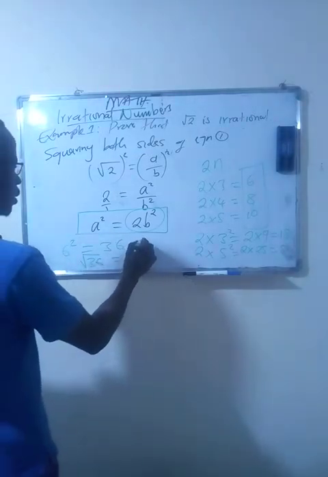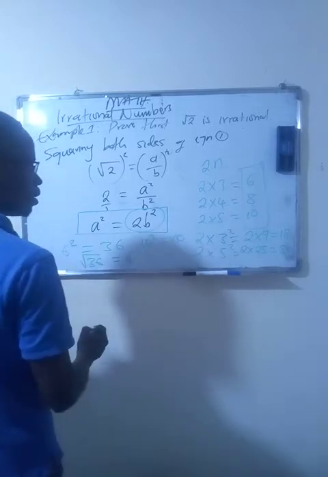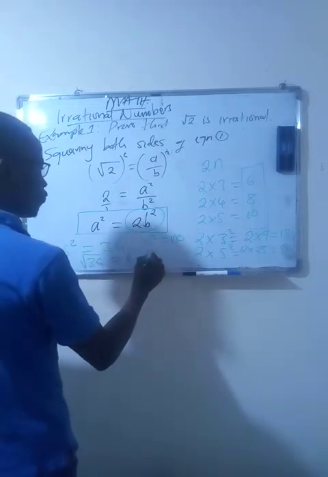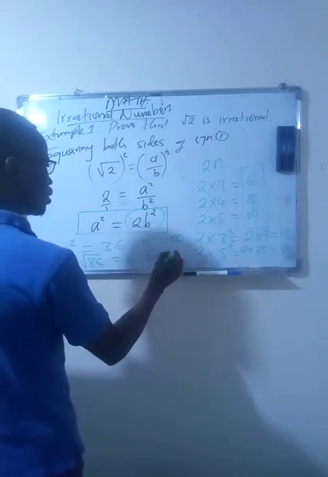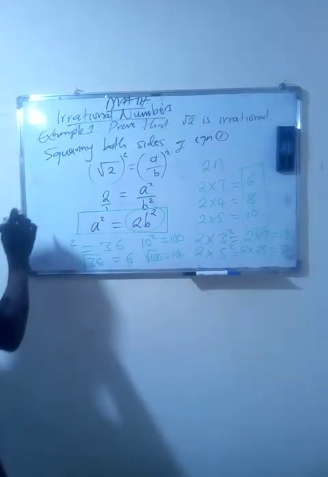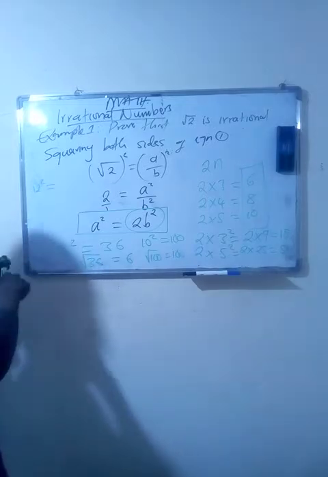If we say 10 squared, this is going to give us 100. The other way around is true. The square root of 100 is going to give us 10.